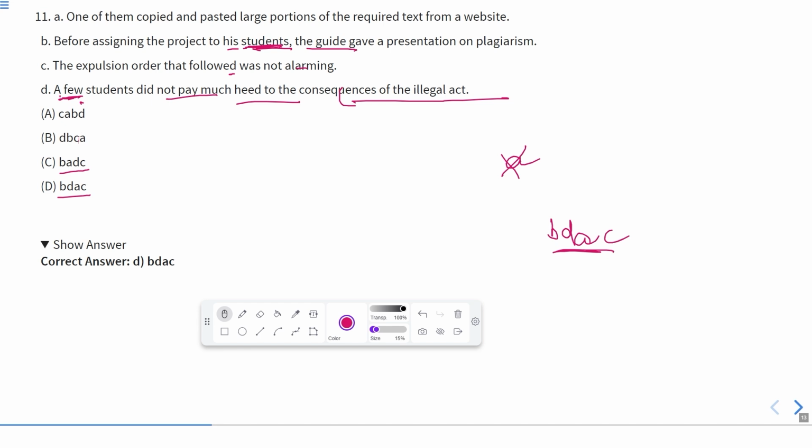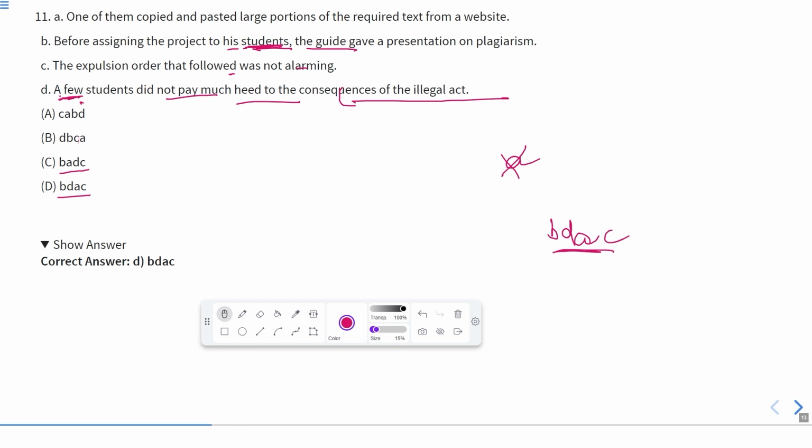It means he just pasted the required text, whatever was required for the presentation on plagiarism, from a website as it is. The expulsion order that followed was not alarming. Of course, they were given the expulsion order or some penalty, and it was not alarming because they did so. So according to this, BDAC is the correct sequence, so D is the correct answer.